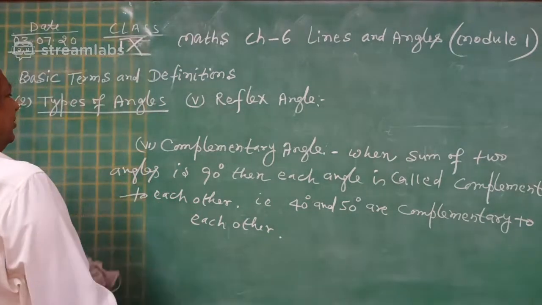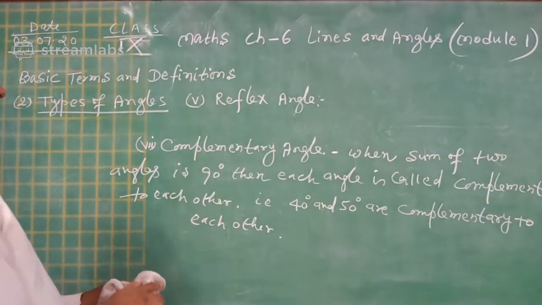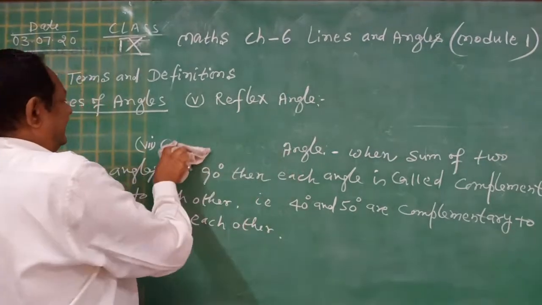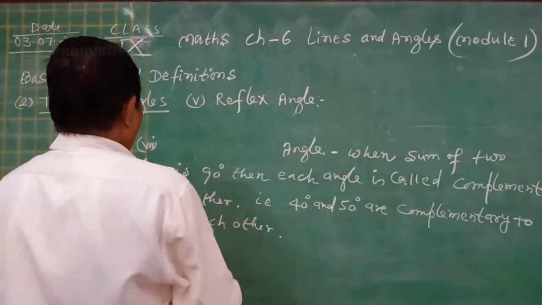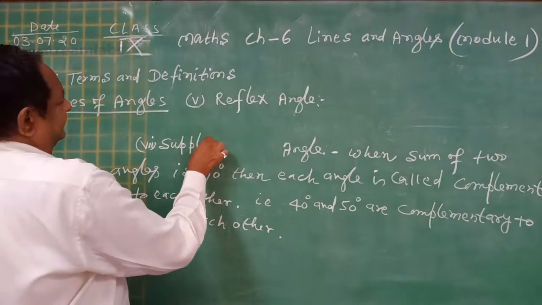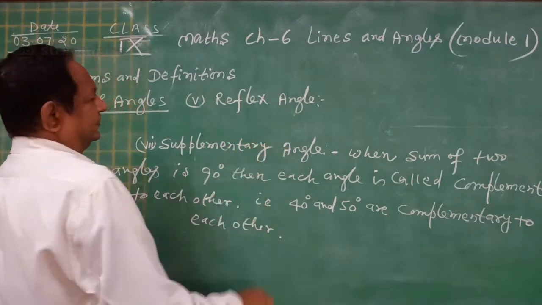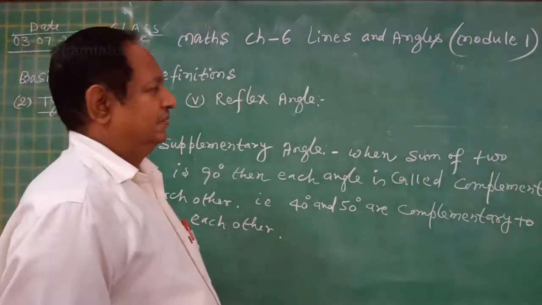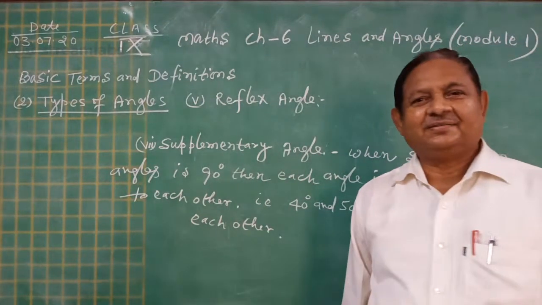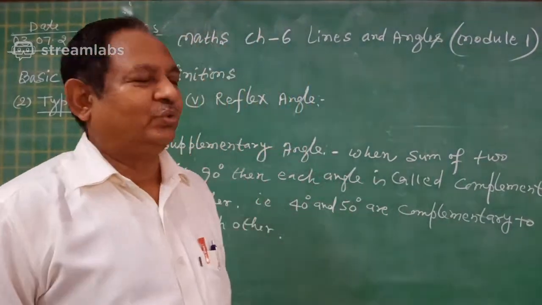Supplementary angle. Point number 7. What is supplementary angle? When the sum of two angles is equal to 180 degree.